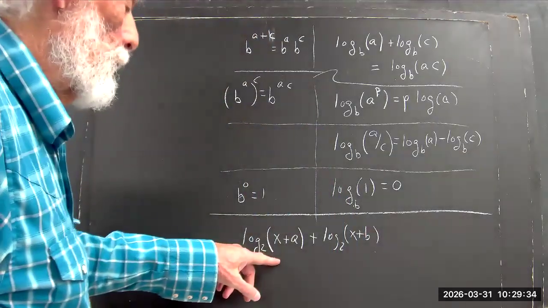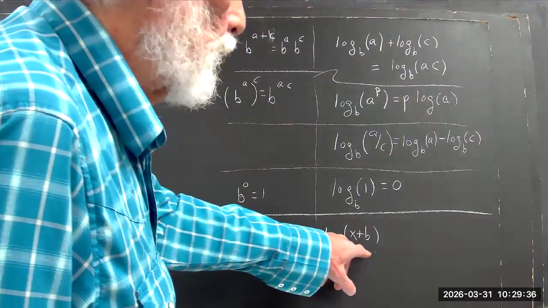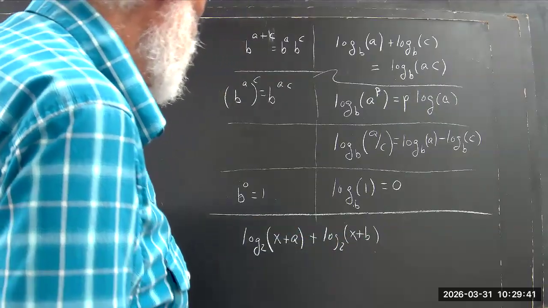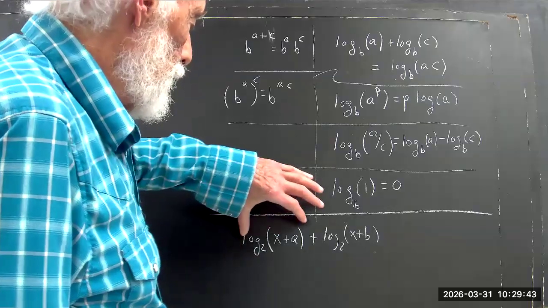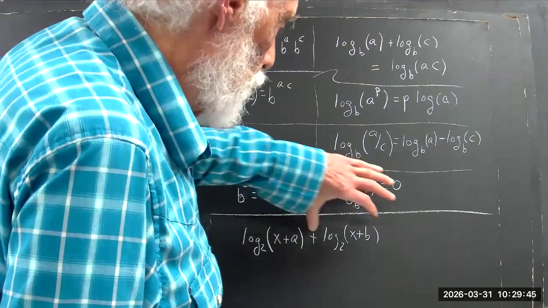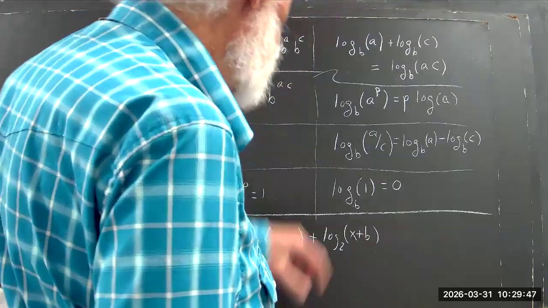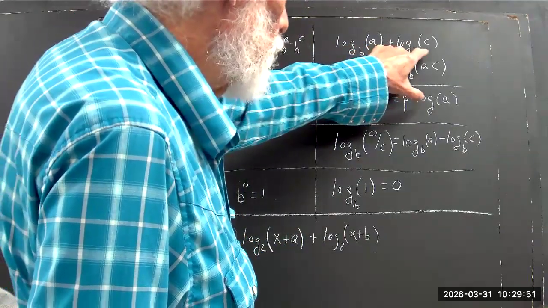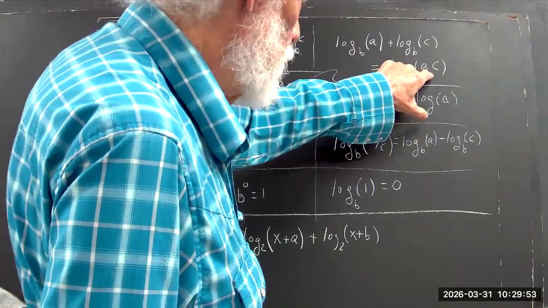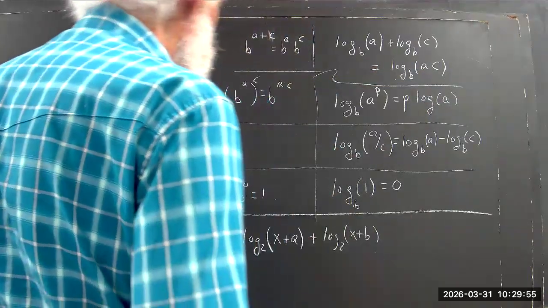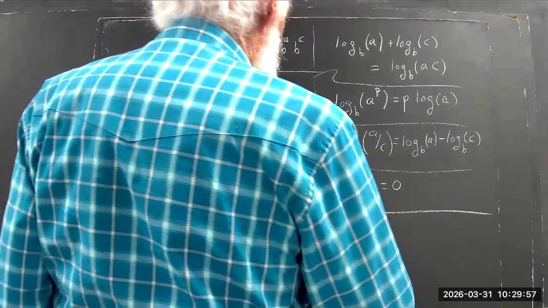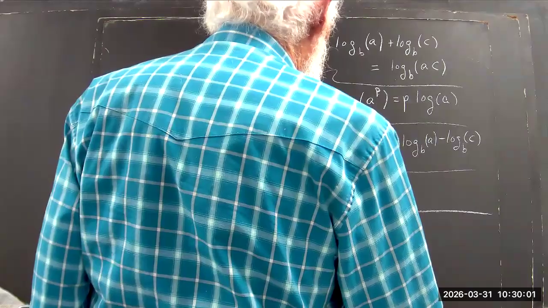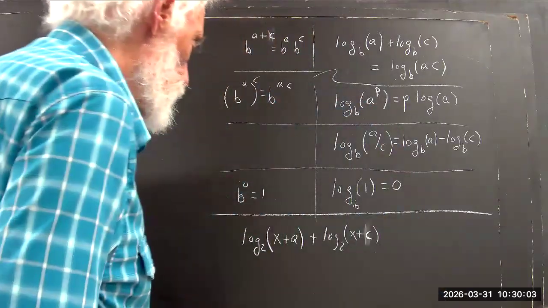For example, what's the log base 2 of x plus a plus the log base 2 of x plus b? Well, we have one base 2 log added to another base 2 log. The first rule I gave you, log base b of a plus log base b of c equals log base b of ac. I'm going to keep my symbols consistent.